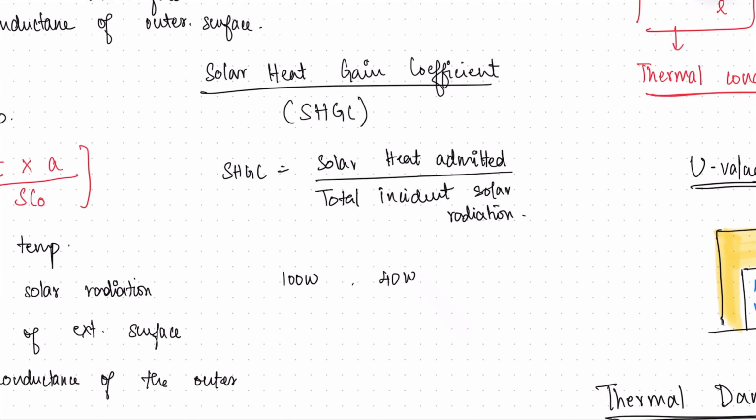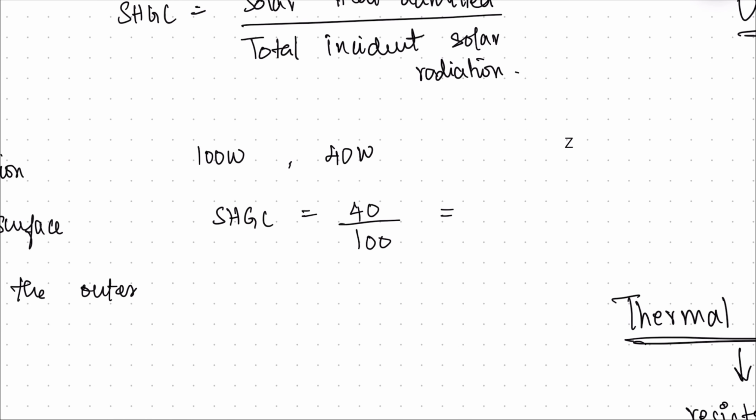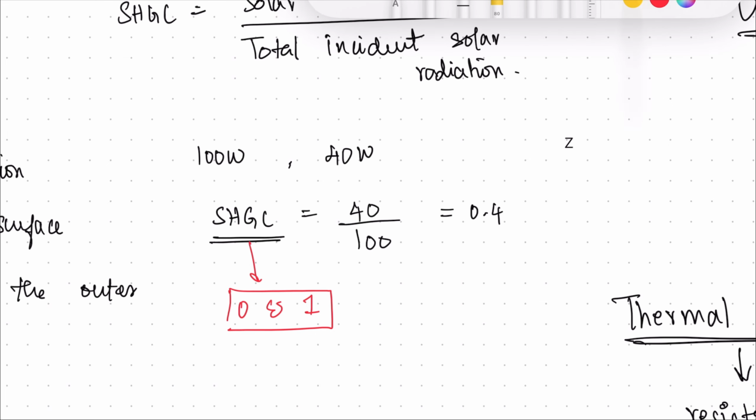So SHGC is equal to 40 by 100, which is equal to 0.4, and SHGC is basically a value between 0 and 1. So what does the 0.4 here mean? It means 40% of the incident solar radiation is transformed into heat.